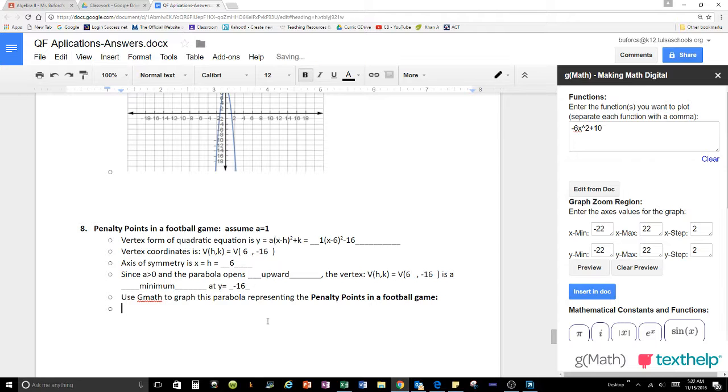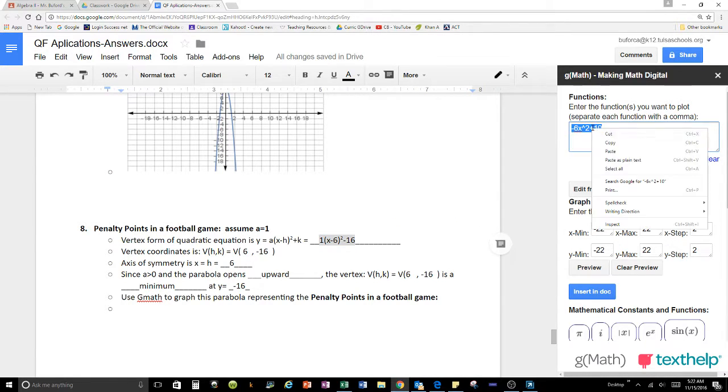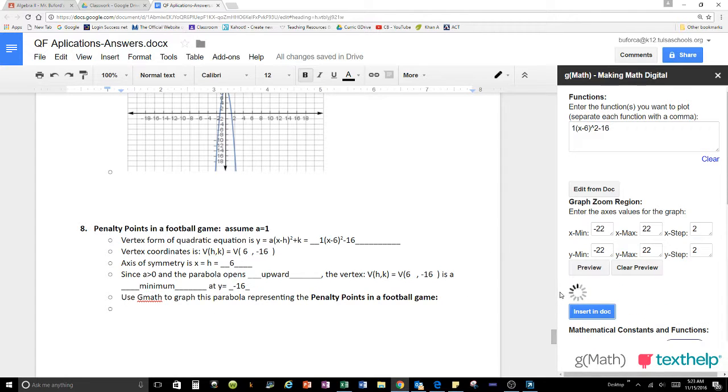Make sure our cursor's there. I'm going to go grab this formula, copy and paste here. We need to put our shift 6. Put our cursor here. Insert in document.